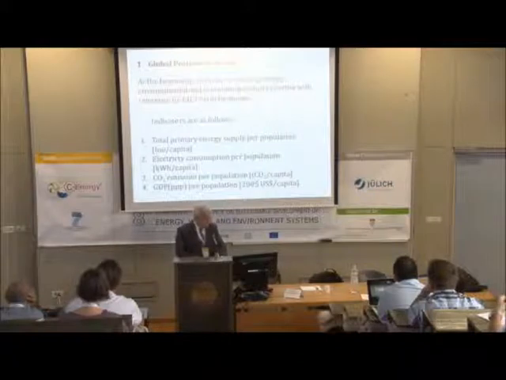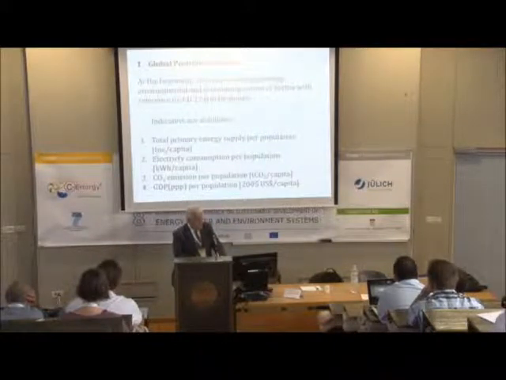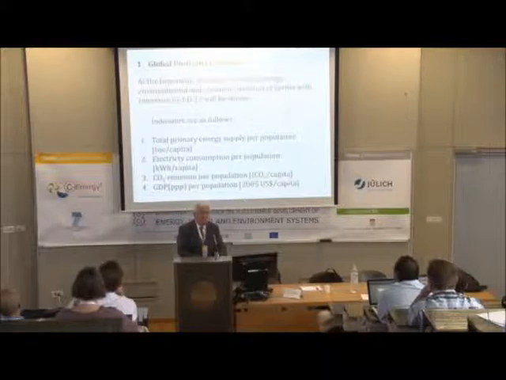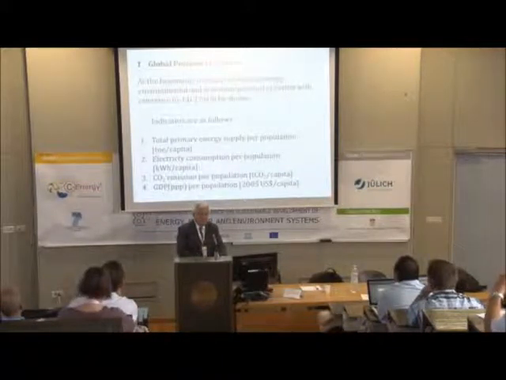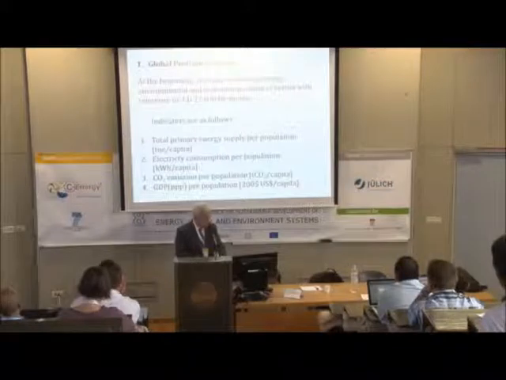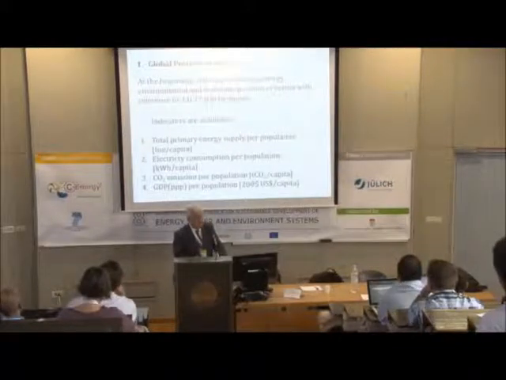The global position of Serbia we will analyze having in mind the following indicators. Total primary energy supply per population. You will see that it's not energy intensity, because I use total energy supply per population, as that's a physical indicator, in tons of oil equivalent per capita.